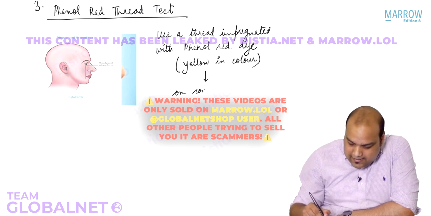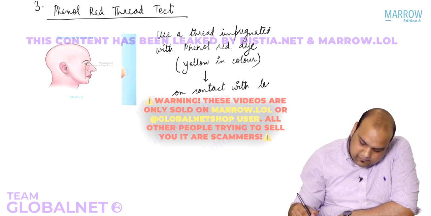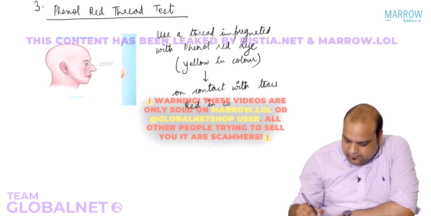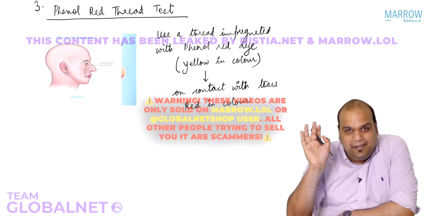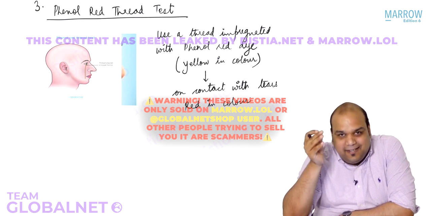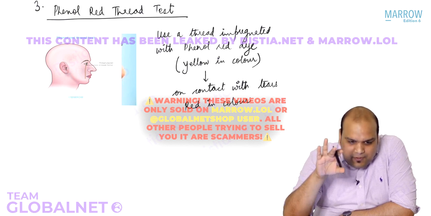On contact with tears, it becomes red in color. Am I clear, everybody? So it is called the phenol red thread test because it will become red in color when it comes in contact with the tears. So what do we do, everybody?